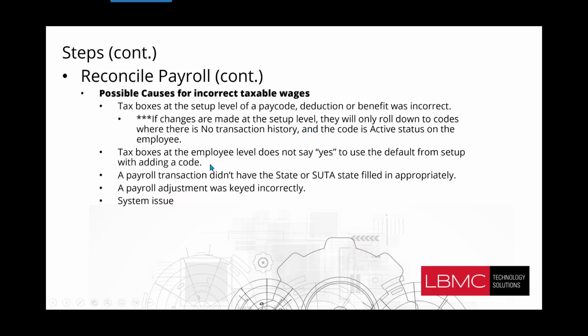To expand on that, if my company setup for this pay code or deduction code says taxable, but on my employee card I have changed it to not be taxable for federal or state taxes, then I'm going to have an error when I do that year-end wage file.